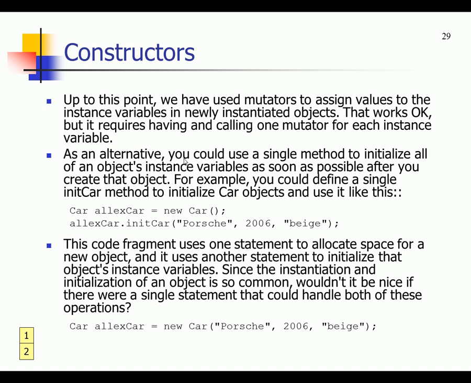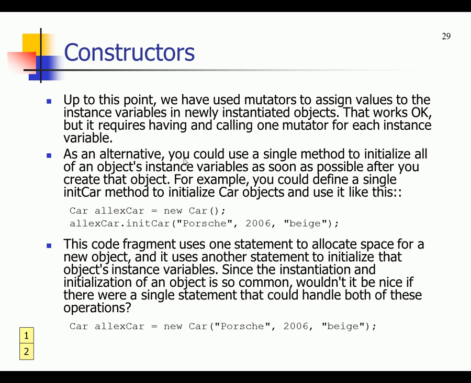So we created a new object called Alex car. Then Alex car.init car, in other words, initialize the car, and it's going to be a Porsche 2006 and it'll be beige. Easy enough. Okay, we could have done that all at one time. We could have said car Alex car equal new car, passing it those same values.